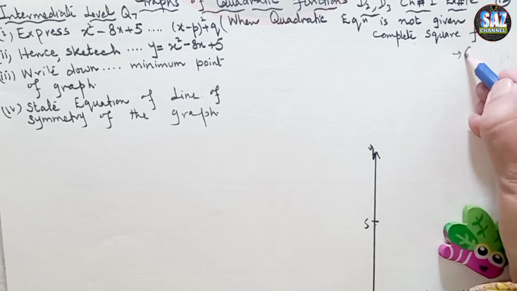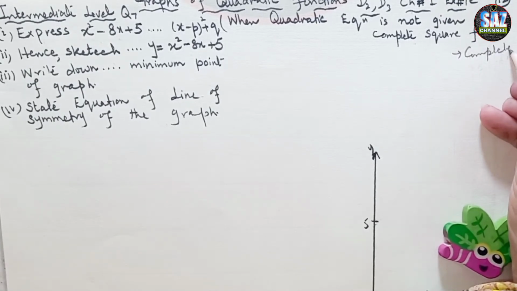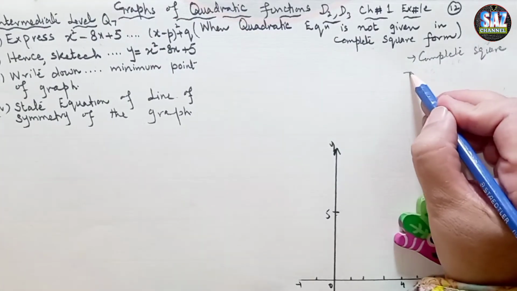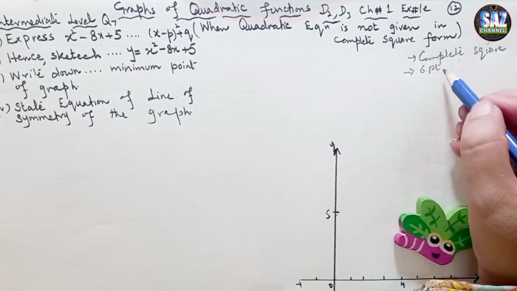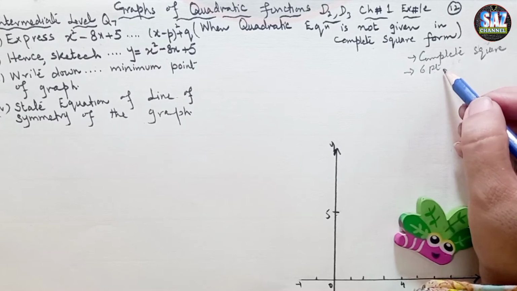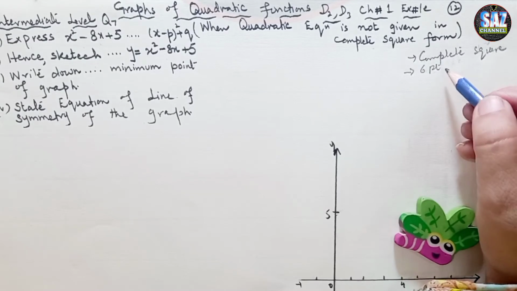One technique that you should have a good command on is the complete square form, and the second is the 6-point summary that tells us how to make the sketches of the quadratic graph when the quadratic equations are expressed in the complete square form.